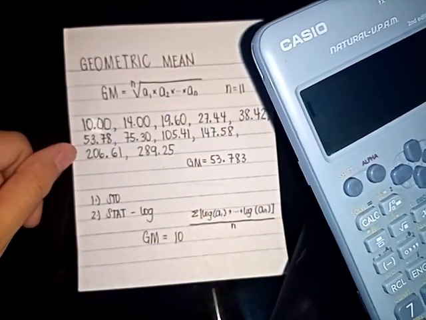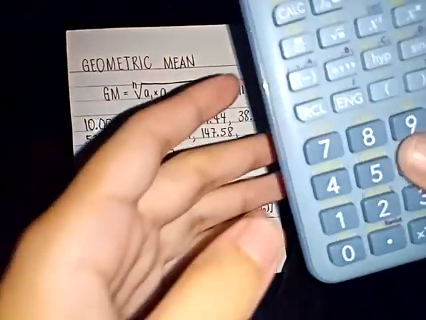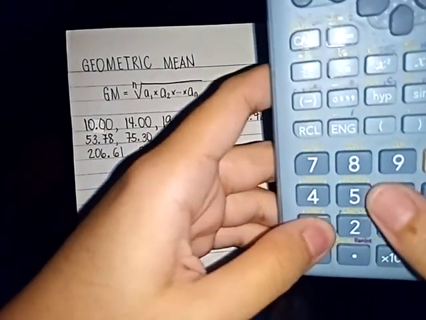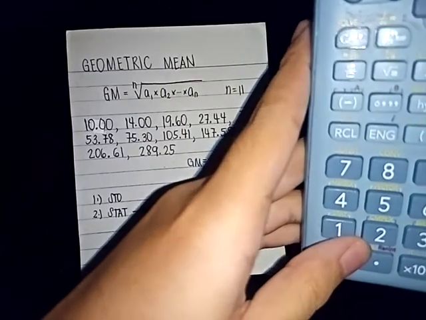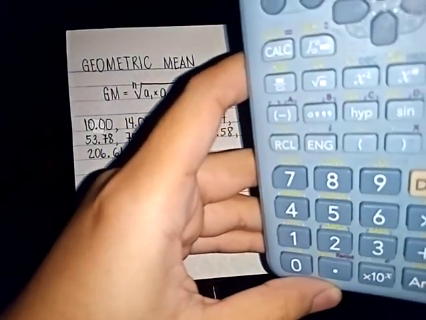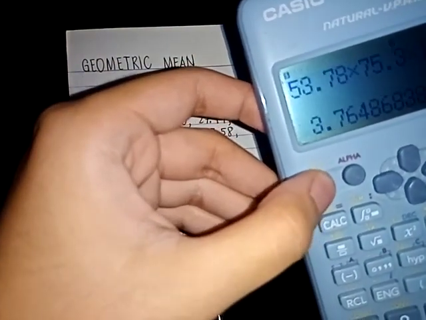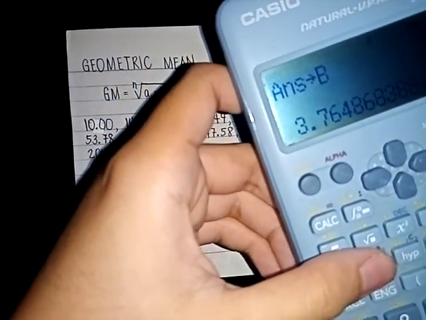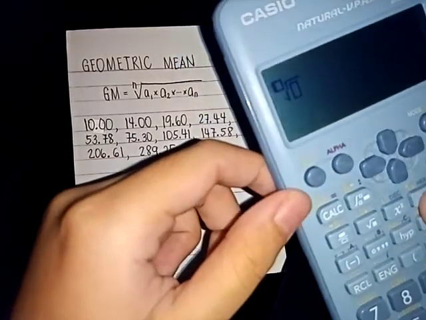Now for the remaining terms, we do the same, but this time we store it in B. So we get the product of the second group. And then once we're done, enter, shift, store, and then B. And then we are already going to use the formula.